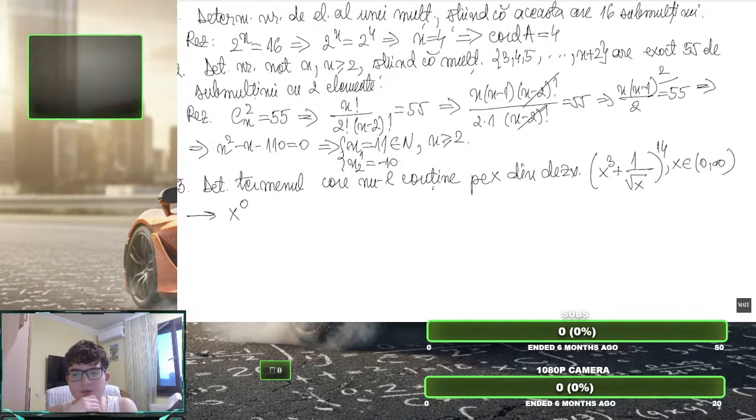We'll do the same thing, the formula, and the x power that we get, we equalize with 0, and thus we will get the k. We just calculate the k, and we don't write down the x there because it's 0. We just calculate the combinations. That's it.